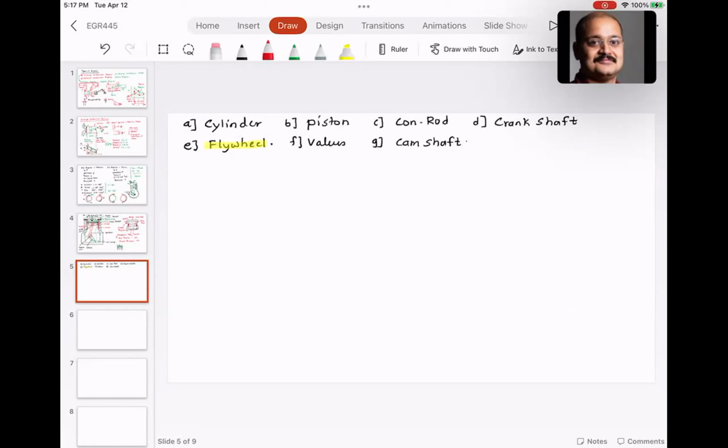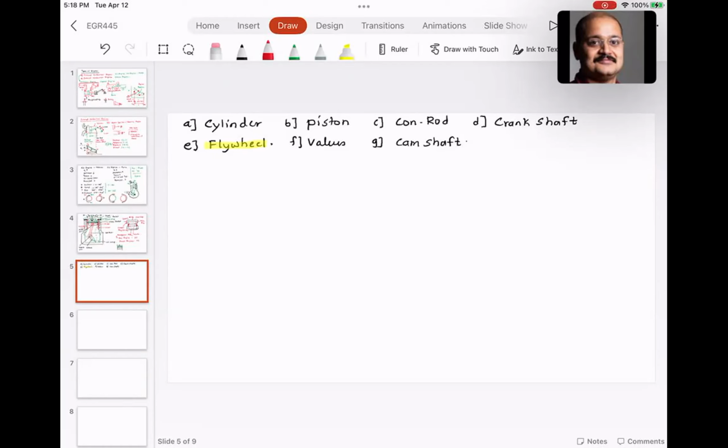Let me repeat. Suction is going to consume some power. Compression is going to consume a lot of power. Exhaust is going to consume some power. The only part where the fuel is burnt is in the expansion stroke.